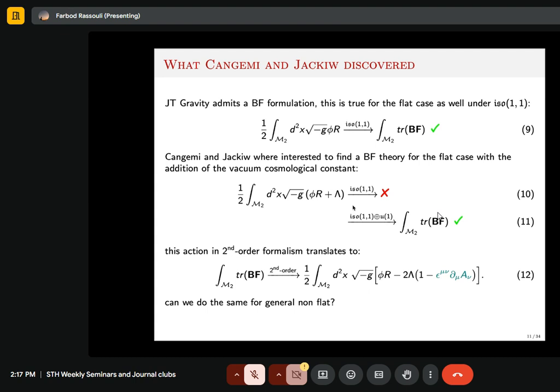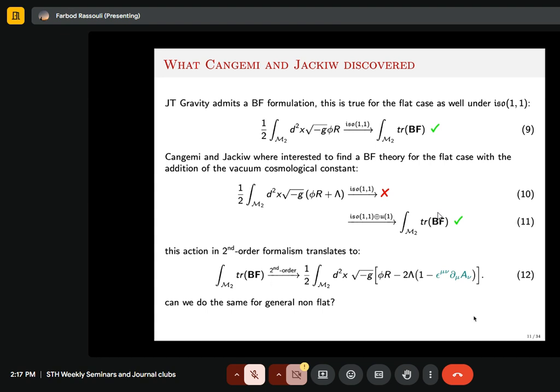But the most important thing is, as Hamid is saying, that with a vacuum cosmological constant, you need a Maxwell type of algebra, which is this central extended algebra, ISO 11 plus U1, for writing a correct BF theory. But the cost to do that is to add a gauge field under U1, which is exactly what happens in 12 if we rewrite it in the second order formulations.